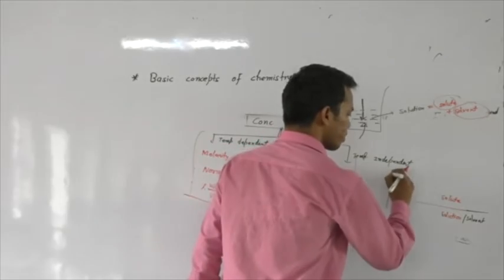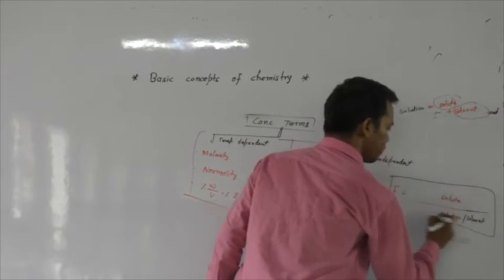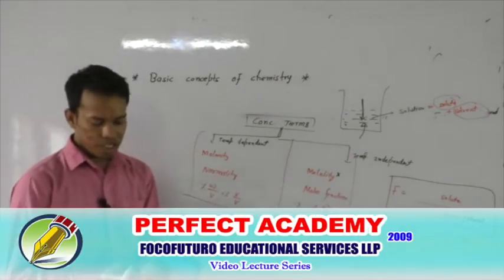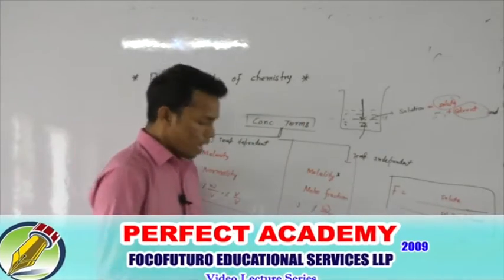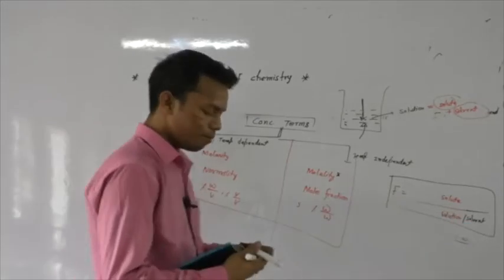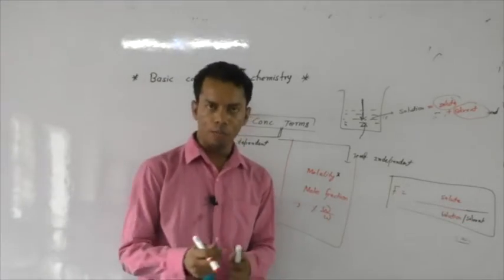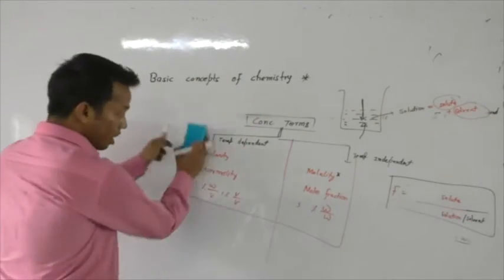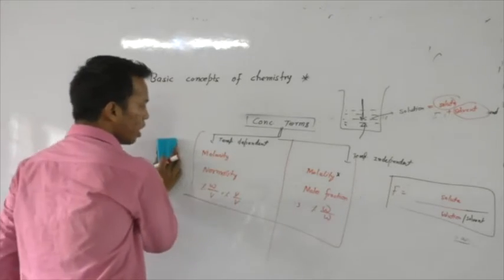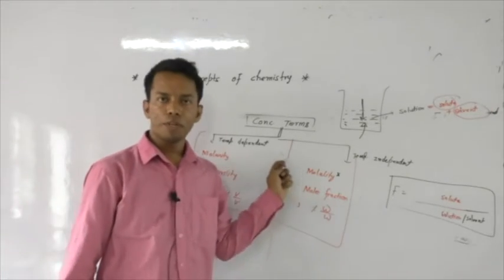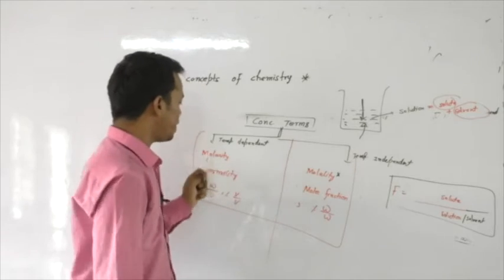Now, so this is the general formula, correct? Let's define molarity. What will be the formula for molarity? Okay, let's just write this down. First, we will discuss the temperature dependent term, that is molarity.